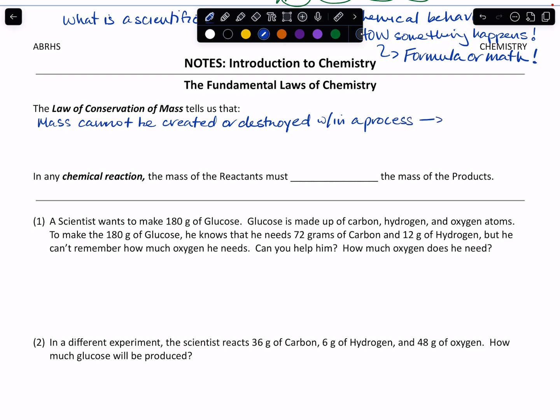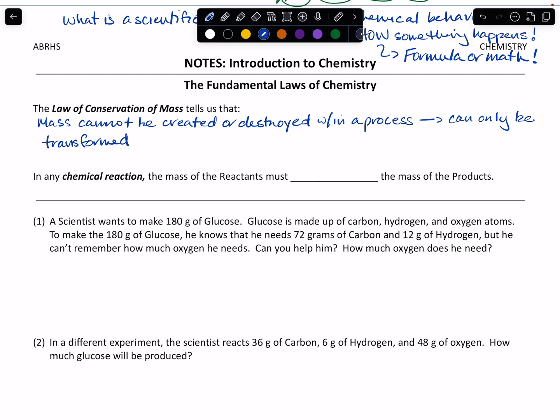All right. That mass can only be transformed. All right. So if we're talking about a physical change, maybe we go from a solid to a liquid. The mass present at the solid state must also be present in the liquid state.